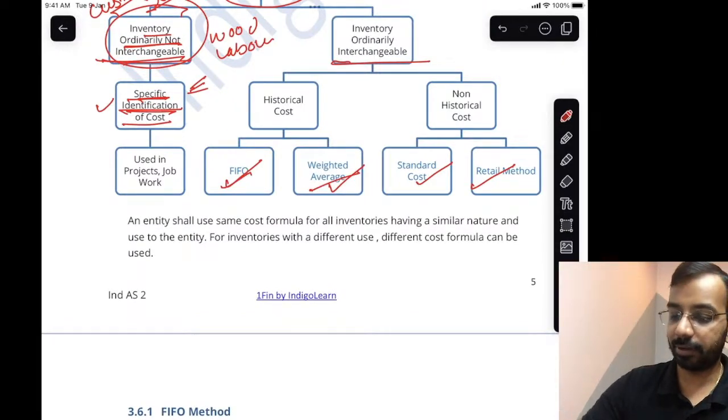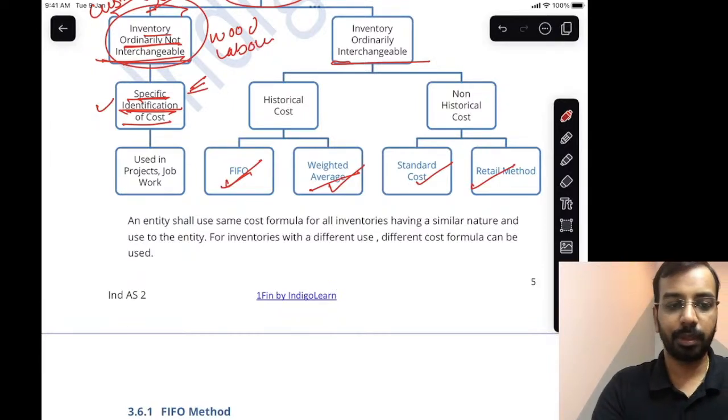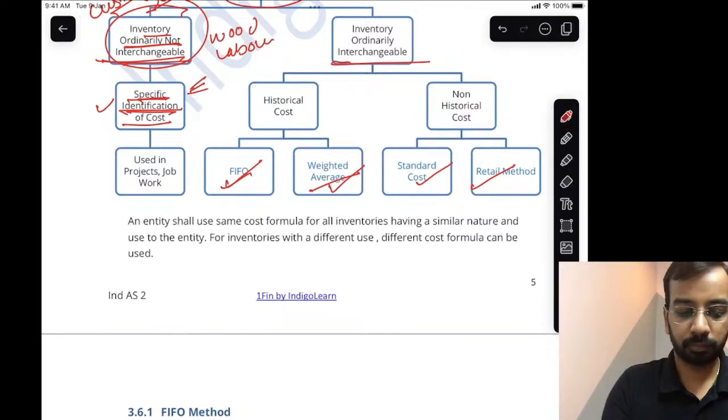Now FIFO and weighted average method, if you have to see, I'll just pull up my Excel and share the screen with you. Just a moment so that I can explain you. Just a moment.